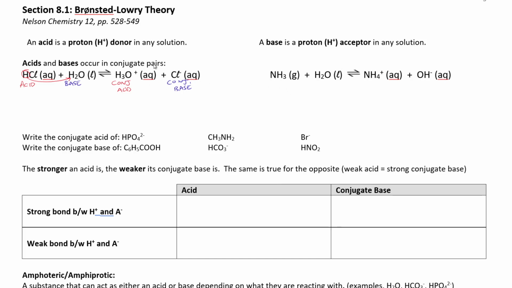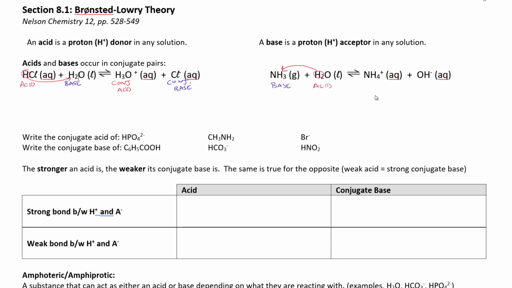In this example, NH3 with water forming ammonium and hydroxide, NH3 is going to be your Bronsted-Lowry base, and water is actually going to act like your Bronsted-Lowry acid because water will donate its proton to ammonia that will accept it.